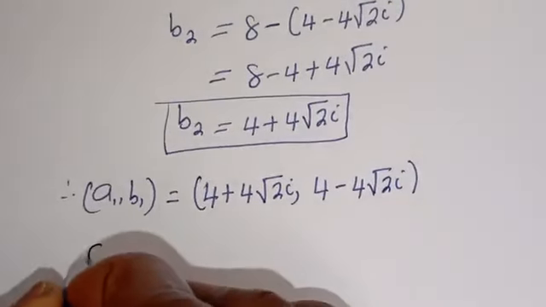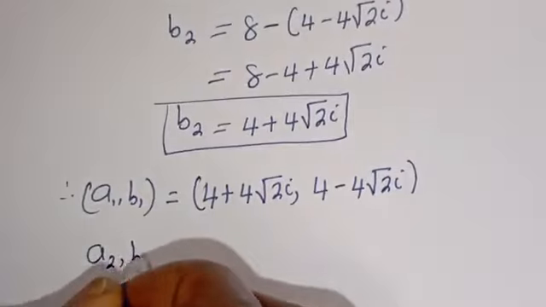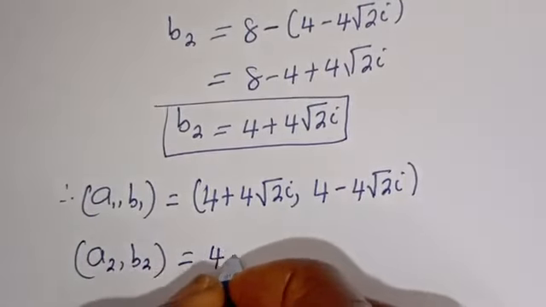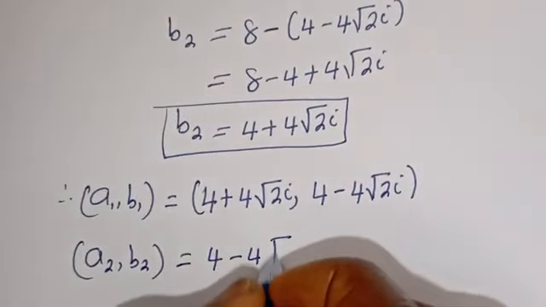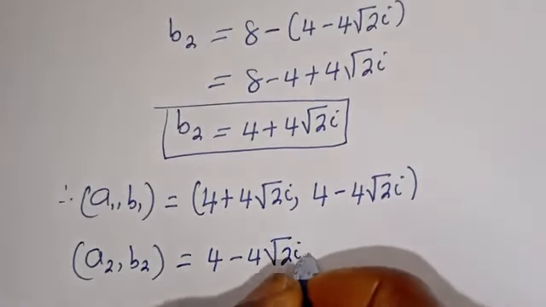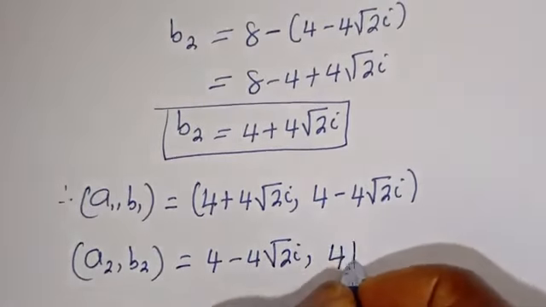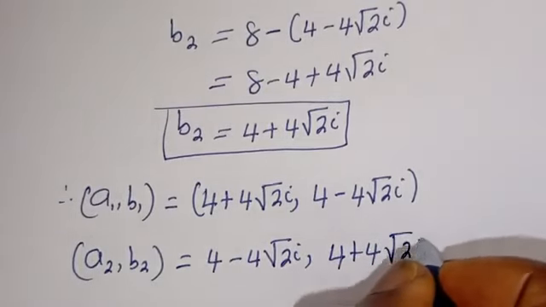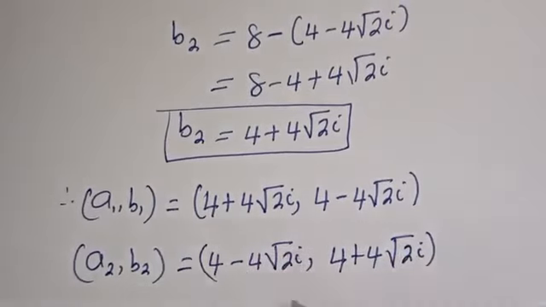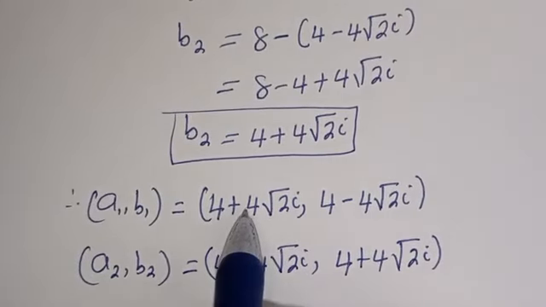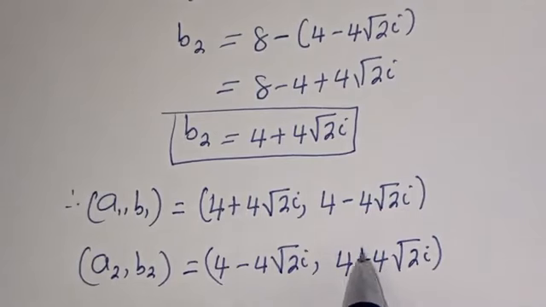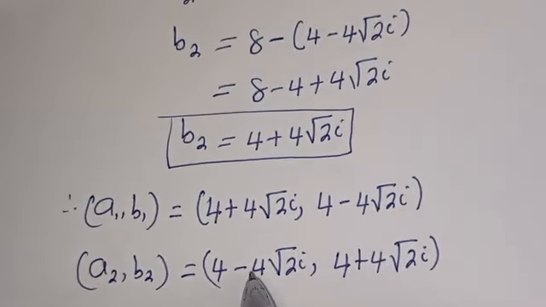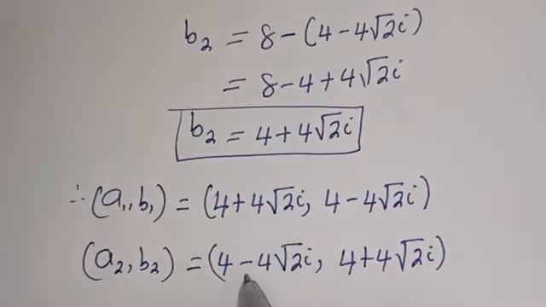Then A2 comma B2 is equal to 4 minus 4 square root of 2I comma 4 plus 4 square root of 2I. We can see that A1 here is equal to B2 here, and then B1 here is equal to A2 here. So we can check to confirm if this answer is right or wrong.